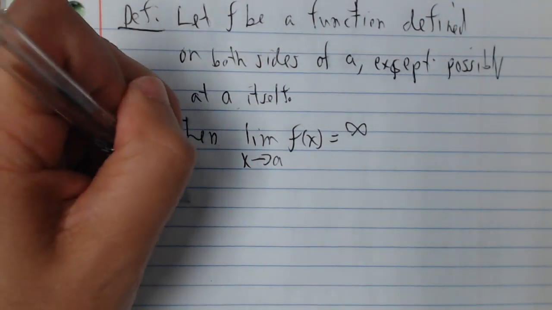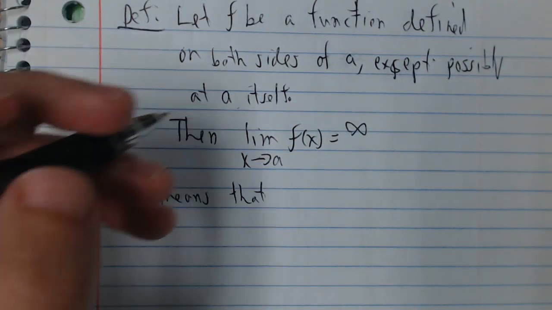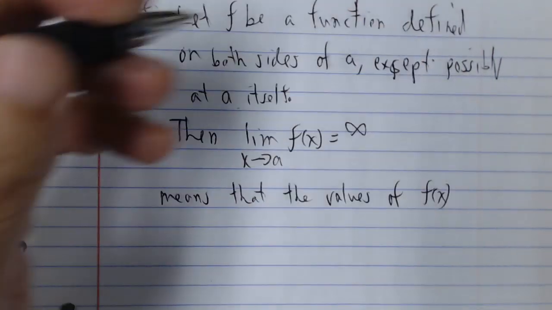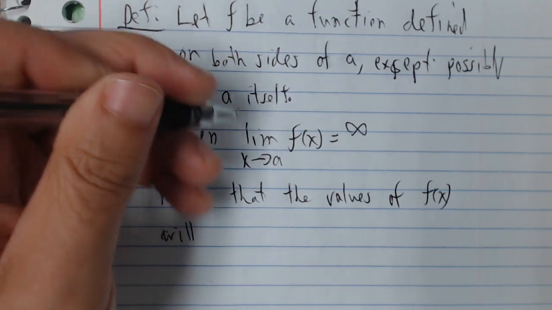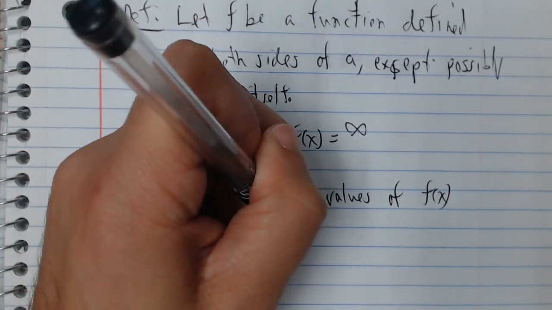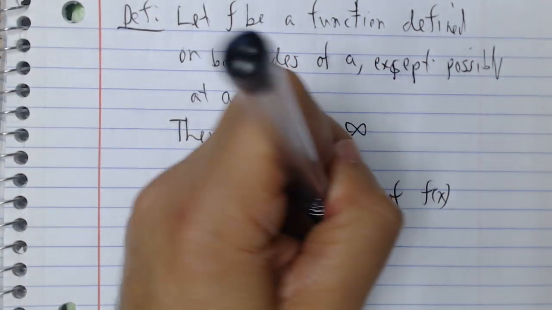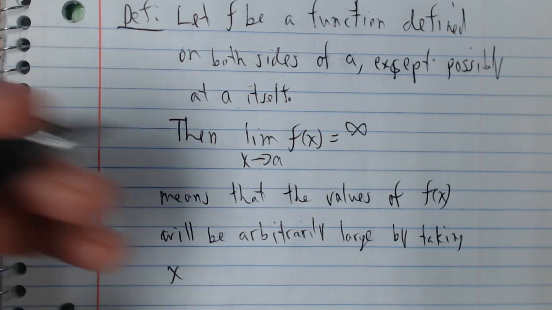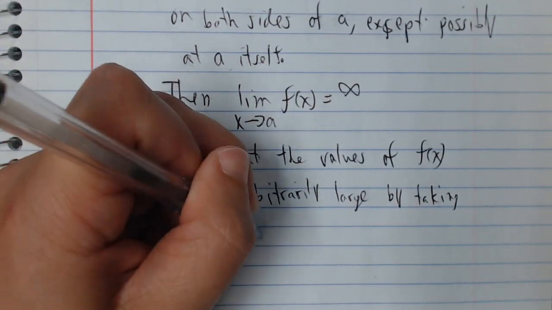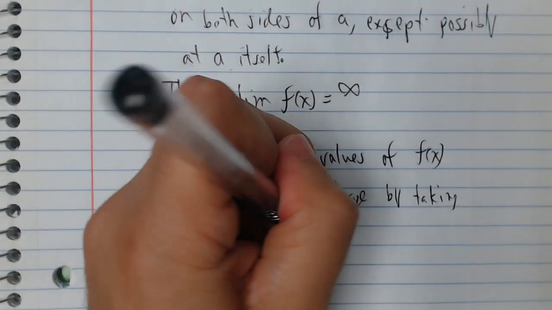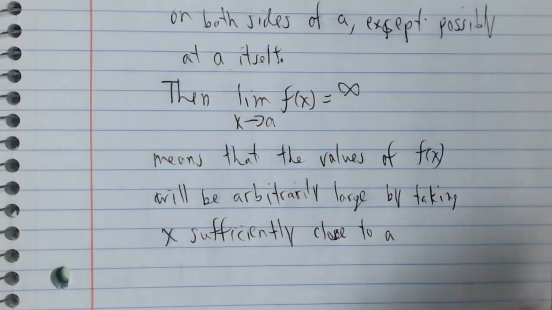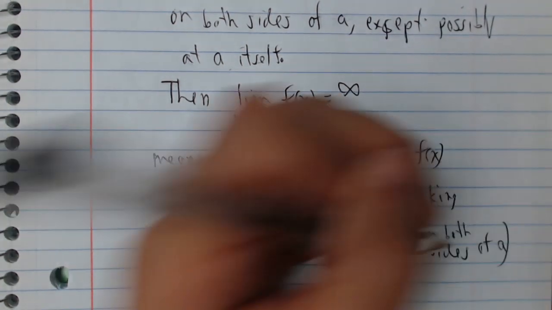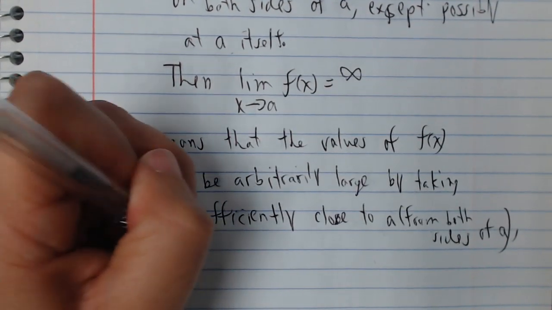It means that the values of f of x will be arbitrarily large by taking x sufficiently close to a, and maybe in parentheses, I should say from both sides of a. Of course, but not equal to a.